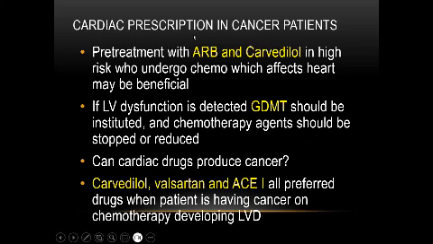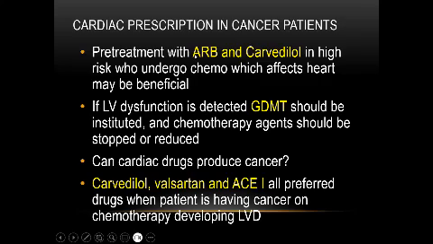Now, what will be our cardiac prescription in a cancer patient? If the patient is going to receive chemotherapy that is likely to produce LV dysfunction, upstream therapy of starting carvedilol, especially before starting chemotherapy, and some ARBs like valsartan, can decrease the amount of LV dysfunction produced by the chemotherapy.